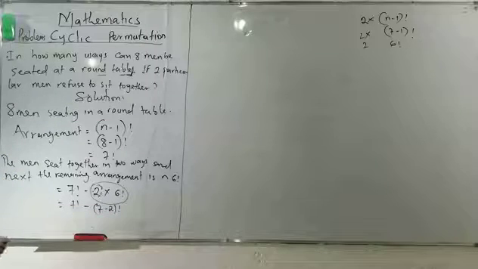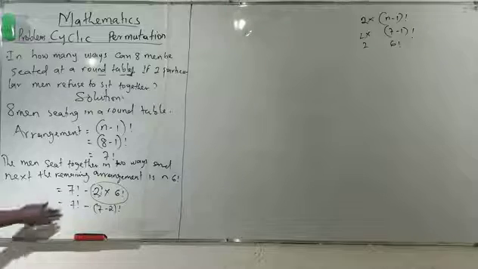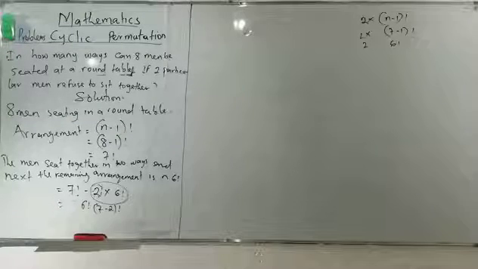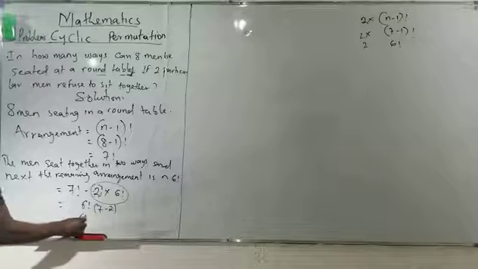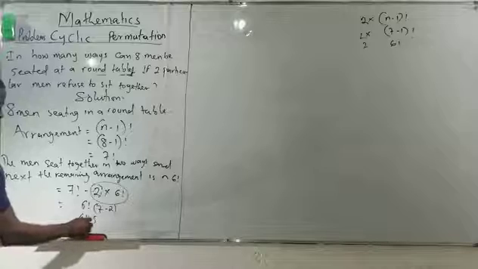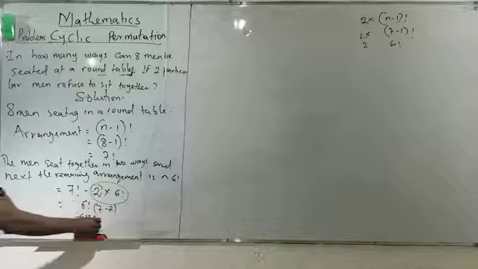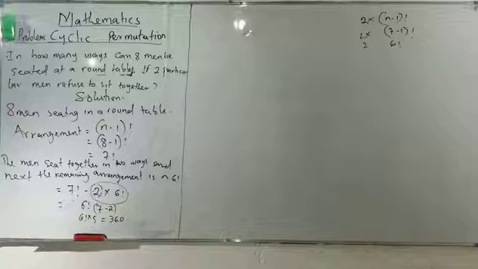Now, I'll be having 6 factorial, no, sorry, this one will be 6 factorial multiplied by 5, which if I do that, I'll be having 360. Anyway, now since I do that, the family of 7 in the seats.